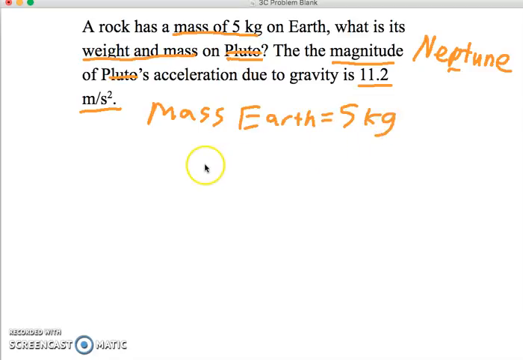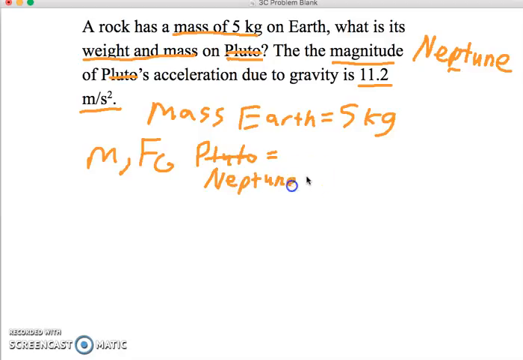Here we go. Now we're looking for the mass and the weight on Neptune. So we're looking for mass, and I'm going to write weight as force of gravity on Neptune, equal to question mark. So we do not know that, so we got to figure that out.